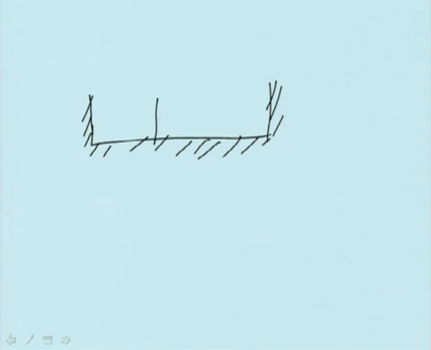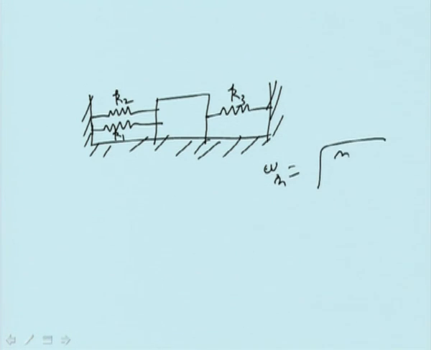And therefore if you finally have this type of problem, with k1, k2, k3, here all these springs are in parallel, therefore equivalent stiffness is k1 plus k2 plus k3, and omega n will be equal to the square root of (k1 plus k2 plus k3) divided by m.